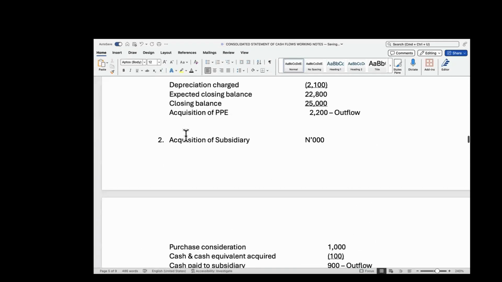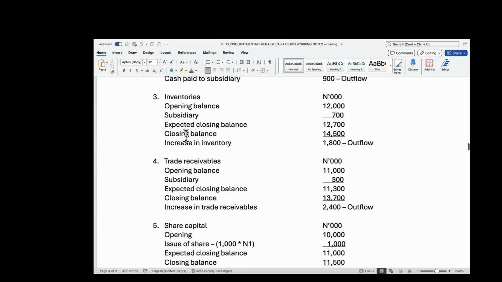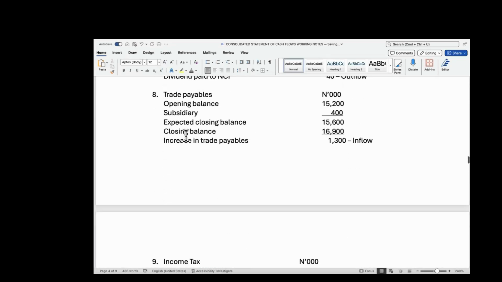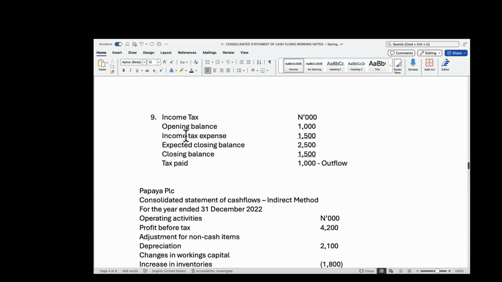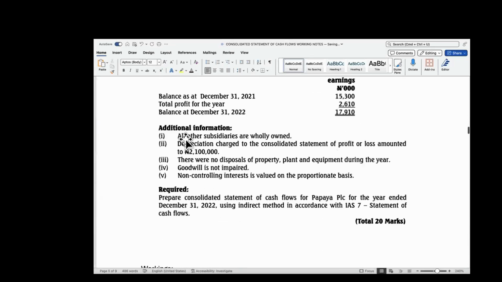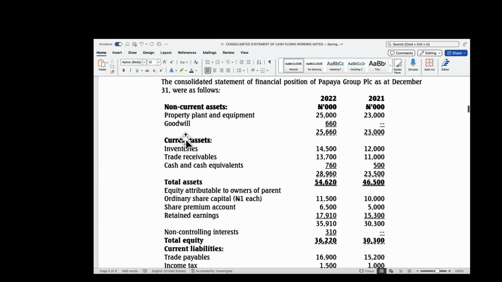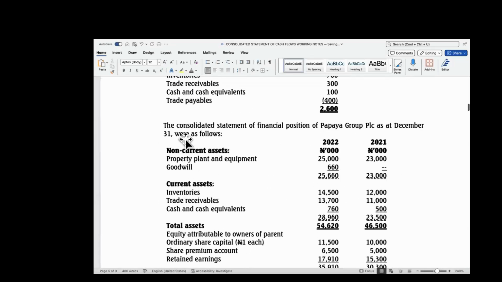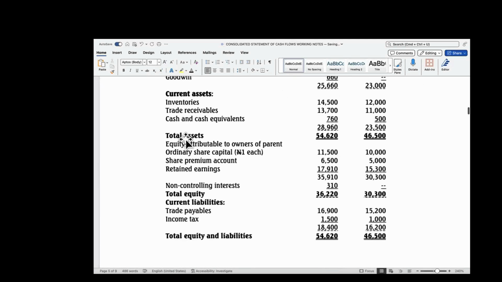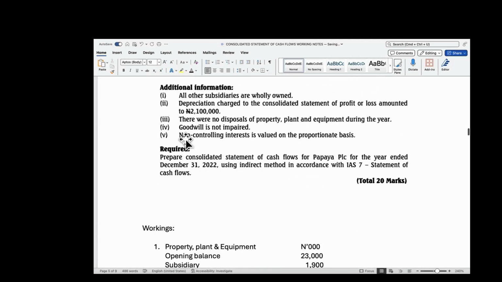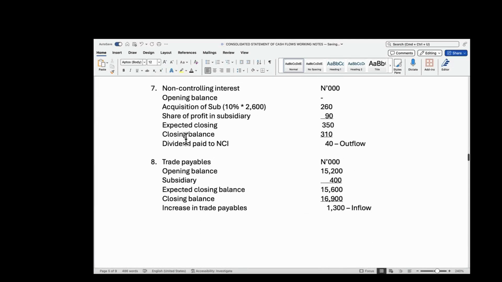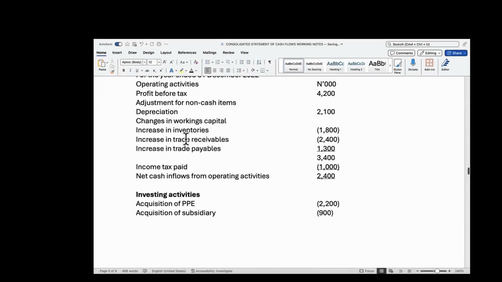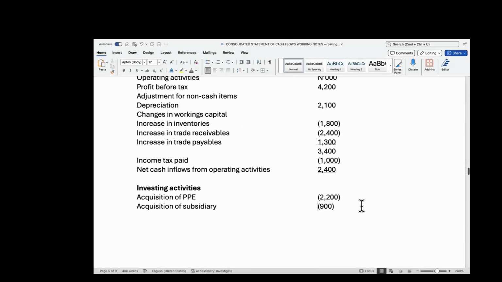Was there any other outflow from investing activities? If I accumulate these two together, what does it give me? Outflow 3,100.